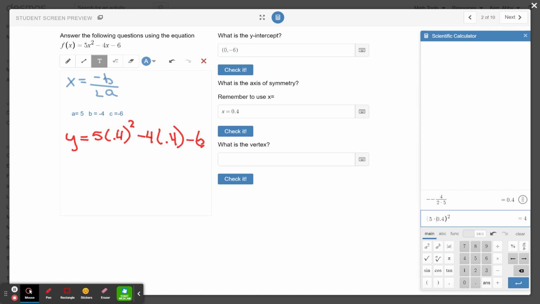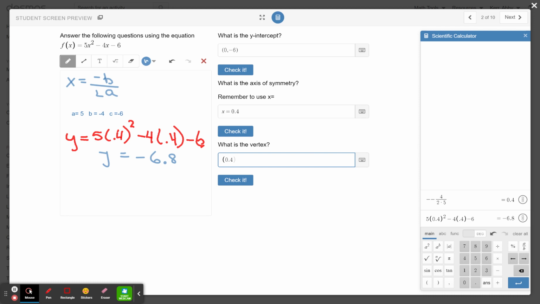Make sure that you use parentheses correctly. Then the minus 4 times 0.4 minus 6. So that gets you the y value. Now remember, the vertex is the x value that you just found, so 0.4, and then your y value that you just found.